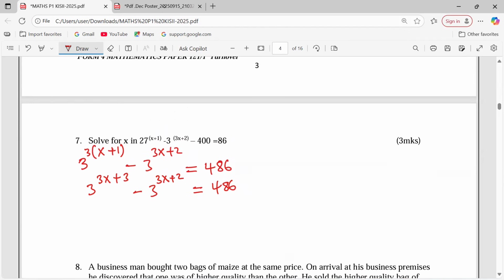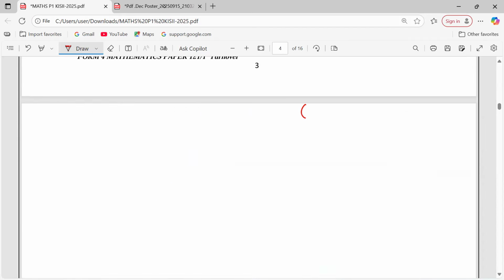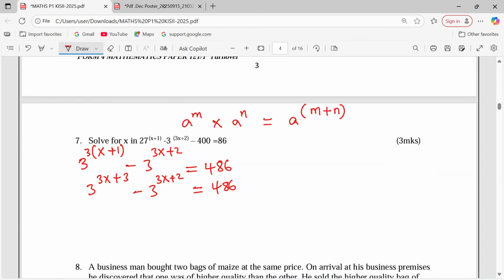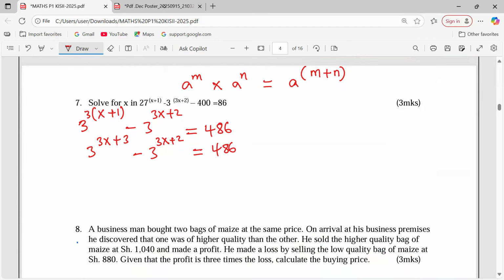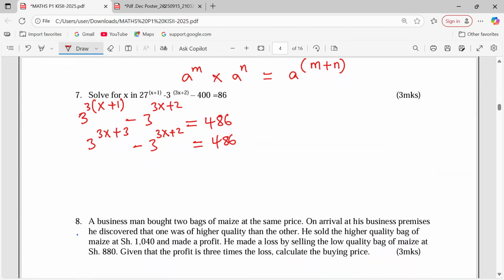Then we know that when we have a power m multiplied by a power n, this can be solved by just taking the common base, then the powers are added. Now that the powers are added, we can apply the law in the reverse way, such that we have 3 power 3x multiplied by 3 power 3, minus 3 power 3x multiplied by 3 power 2 equals 486.